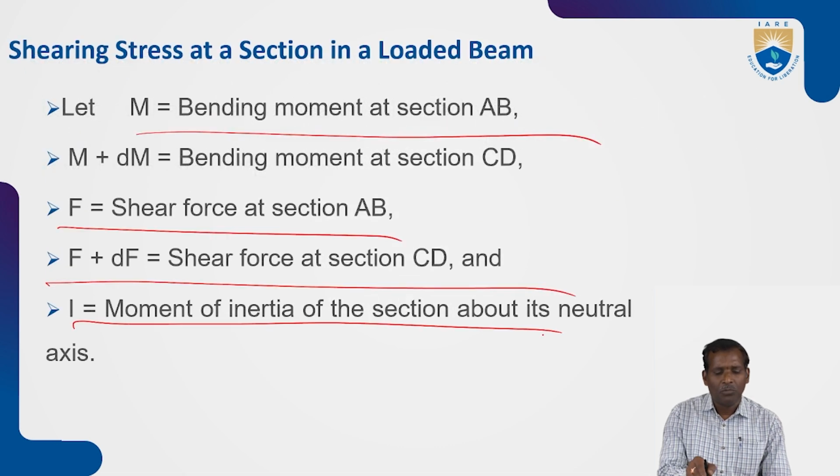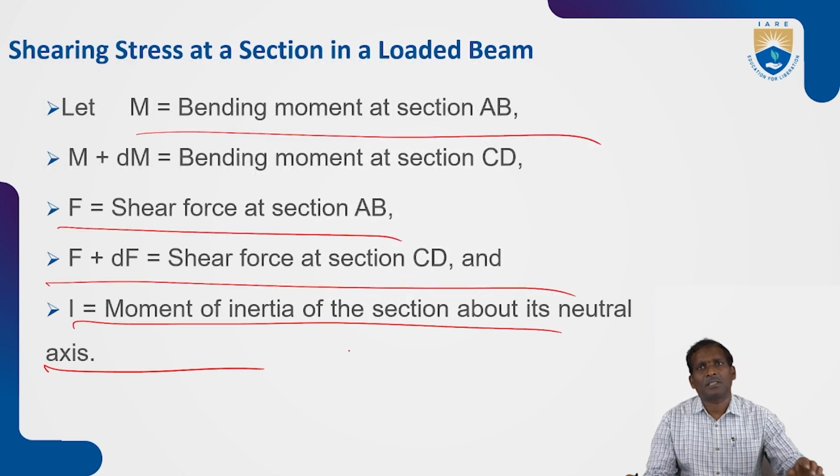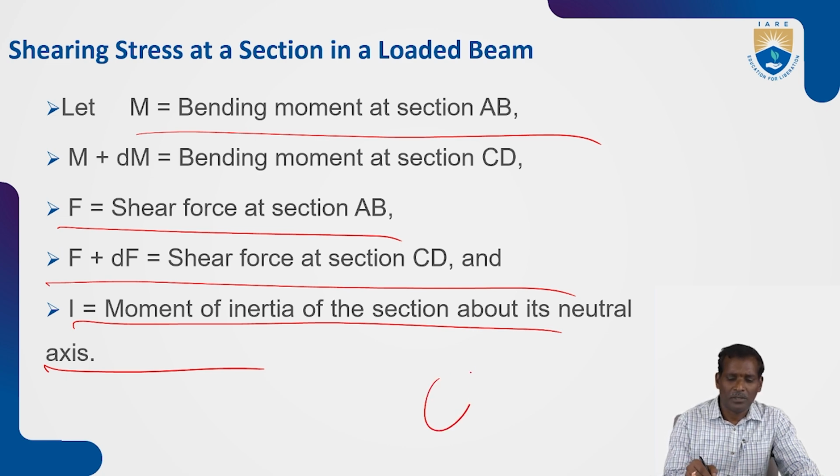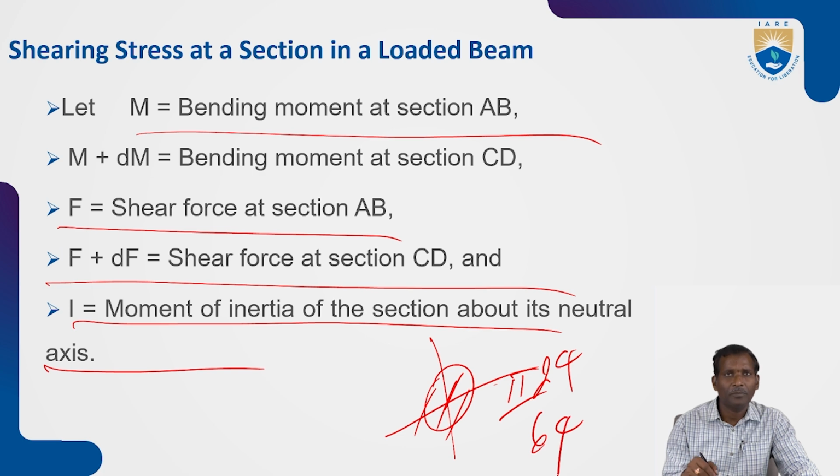I is the moment of inertia of the section about its neutral axis. You know the moment of inertia for a circular cross section is pi d to the power 4 by 64.